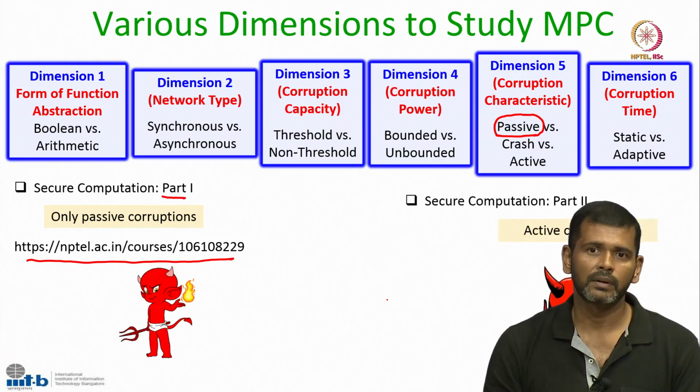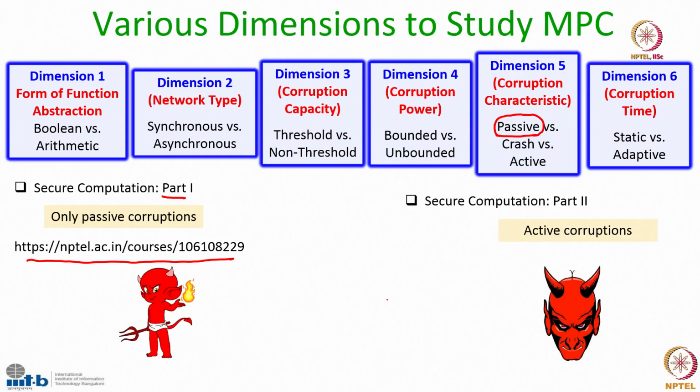But in the real world, the adversary may not always be passive. The adversary may cause the corrupt parties to deviate from the protocol instructions arbitrarily. For instance, the adversary can crash the corrupt party at any time during the execution of the protocol, in the middle of the protocol, or the adversary could force the corrupt parties to start sending arbitrary values in the protocol.